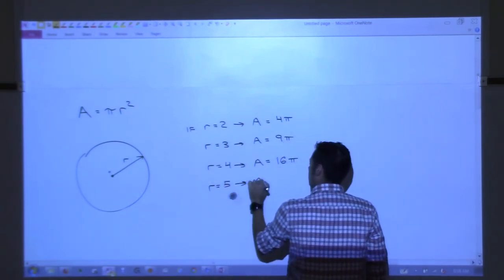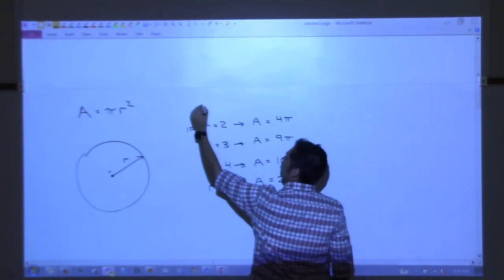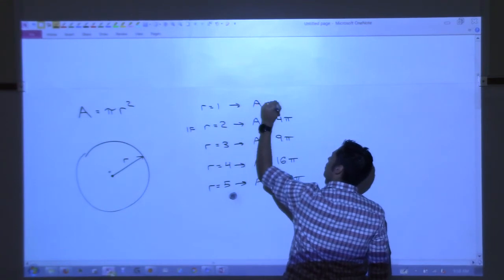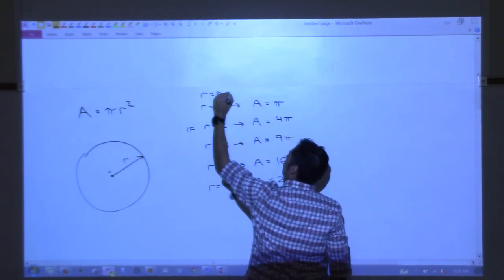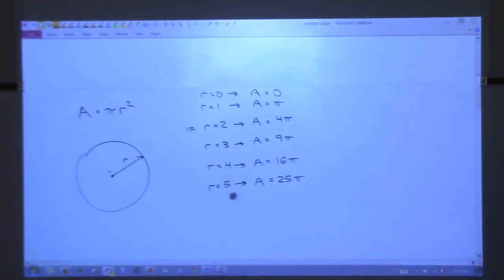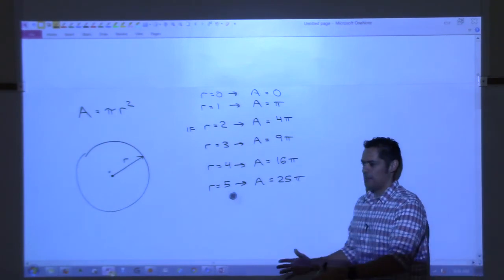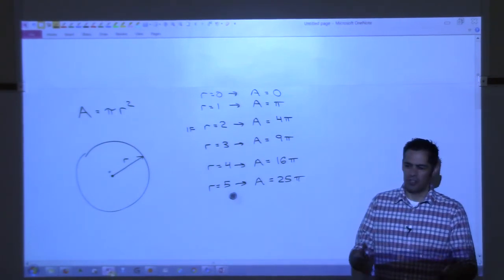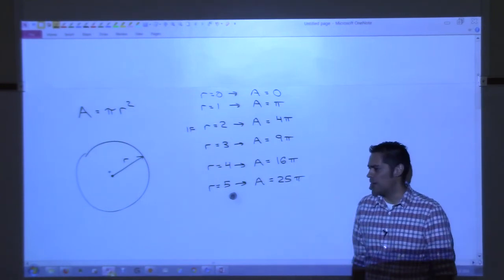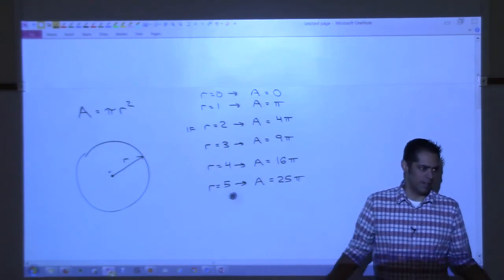I'm just basically quizzing you on your perfect squares here, right? What if r is 1? Pi. And of course, if r was 0, what would your area be? 0, right? So in a pre-calculus class or geometry, if somebody gives you a fixed radius, you can find the area. And there's no calculus involved in that at all, right?